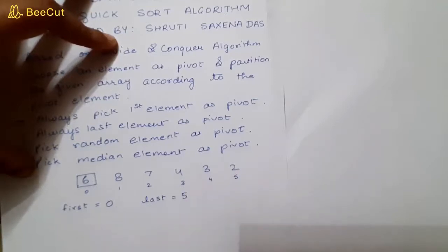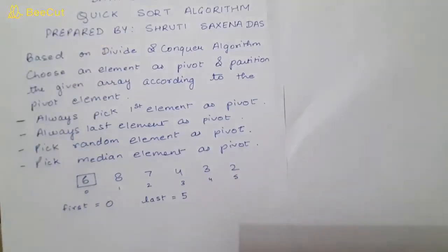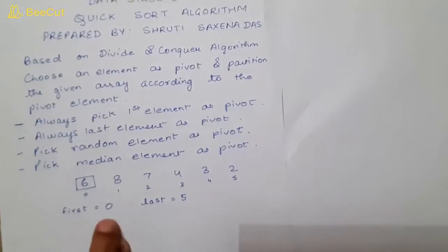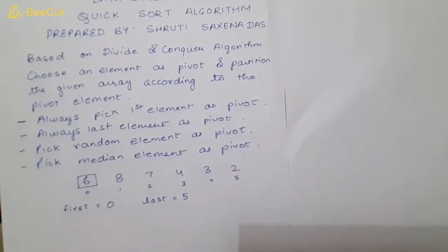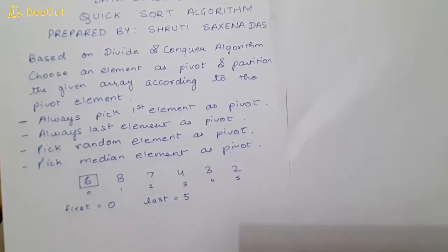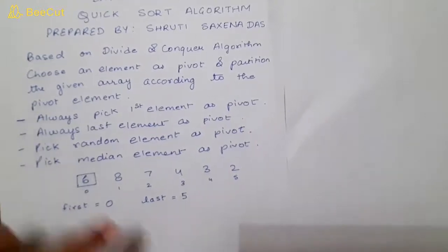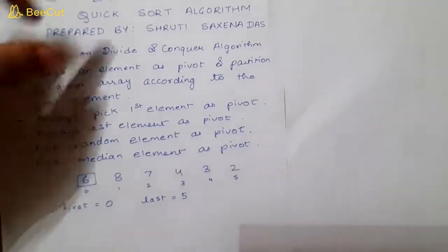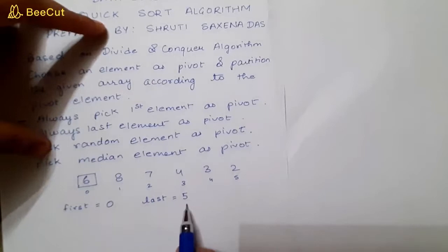These are the variables holding the index values. Now if first is less than last, that is, if you have elements in the array, then I am going to perform partitioning. Here 0 is less than 5.